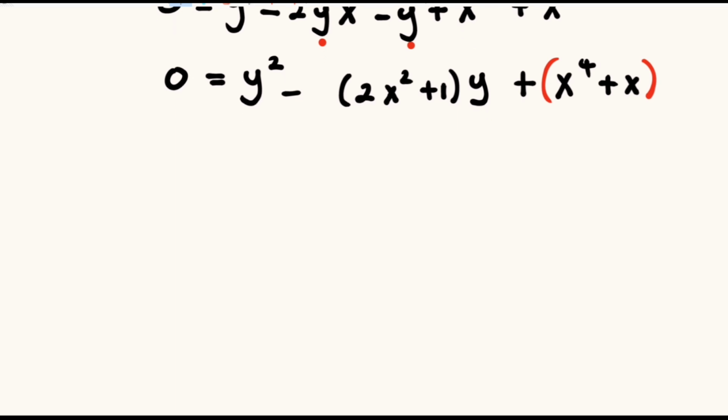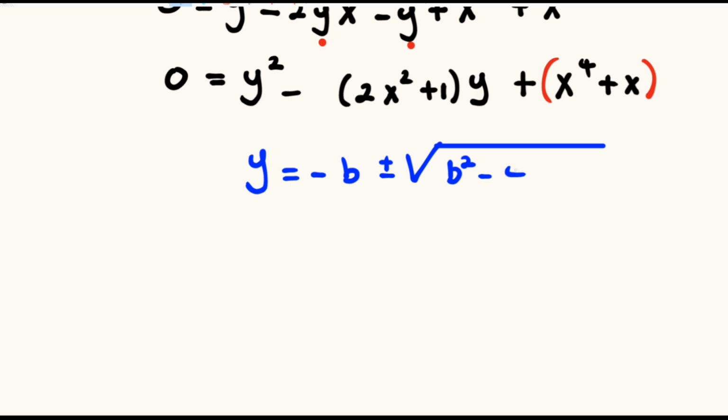Since we have a quadratic equation in y, let's introduce the quadratic formula where our y will be equal to negative b plus or minus the square root of b squared minus 4ac divided by 2a. We start off by determining the discriminant of this quadratic equation.